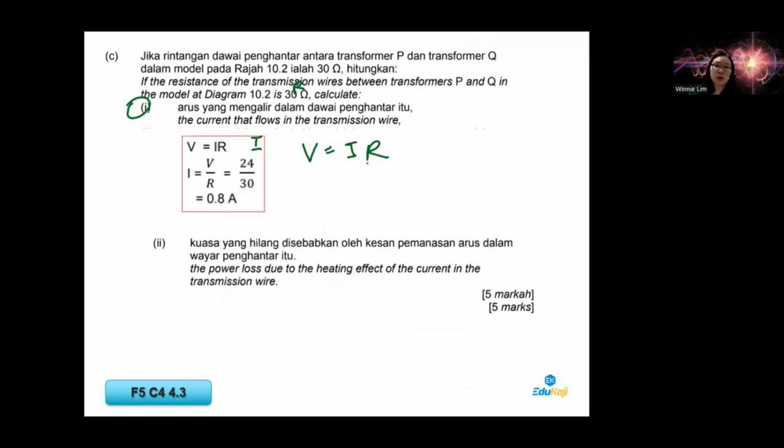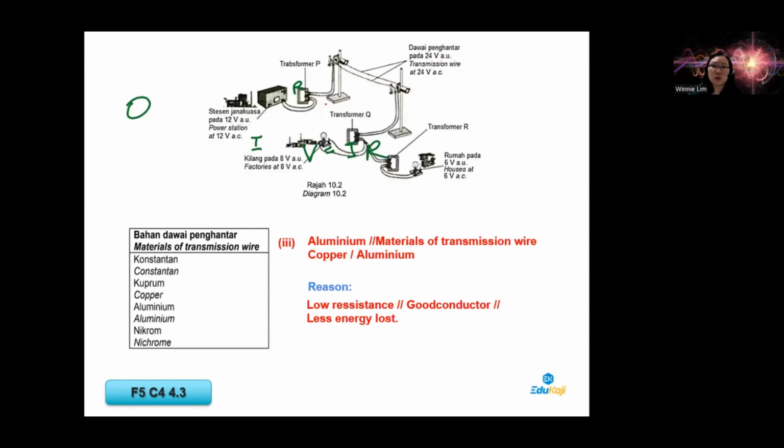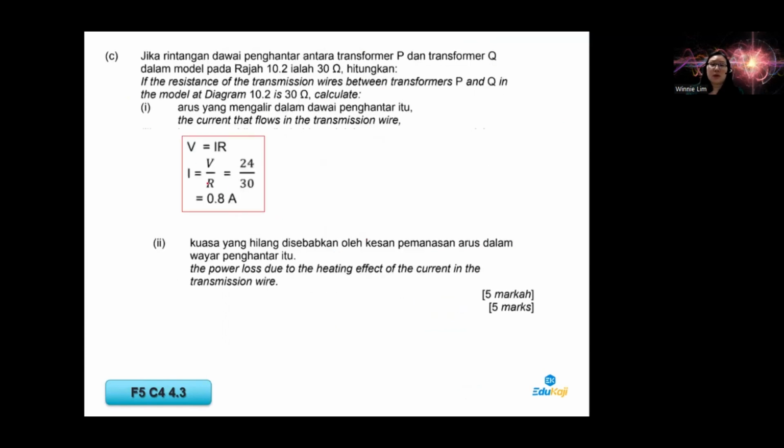It is actually 24. So that's why you need to refer back to the question. Then you use V equals IR, I equals V over R, and you get 0.8 ampere. Then next, the power loss.